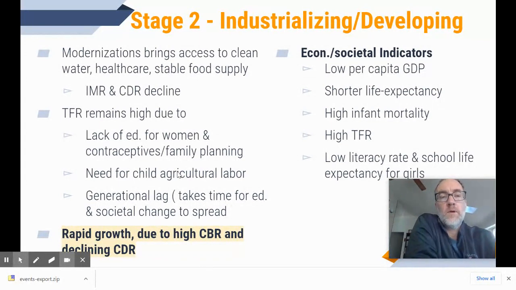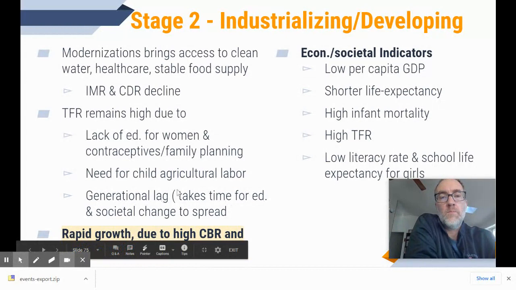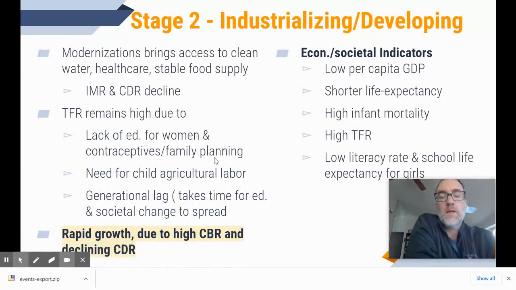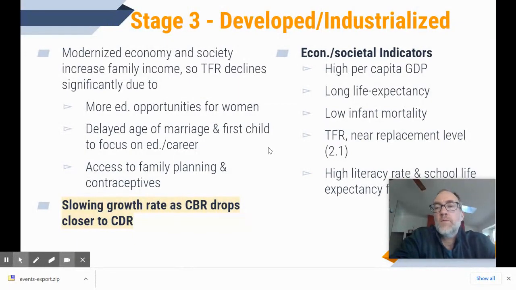They tend to have a rapid growth rate due to high crude birth rates and declining crude death rates. When you look at them, they tend to have low per capita GDP, short life expectancy, high infant mortality, high total fertility rate, and low literacy rates and school life expectancy for girls. So oftentimes it's an issue with lack of women's rights.